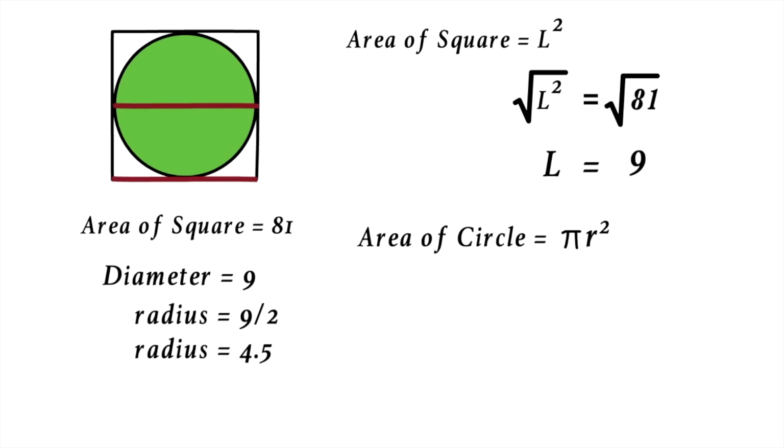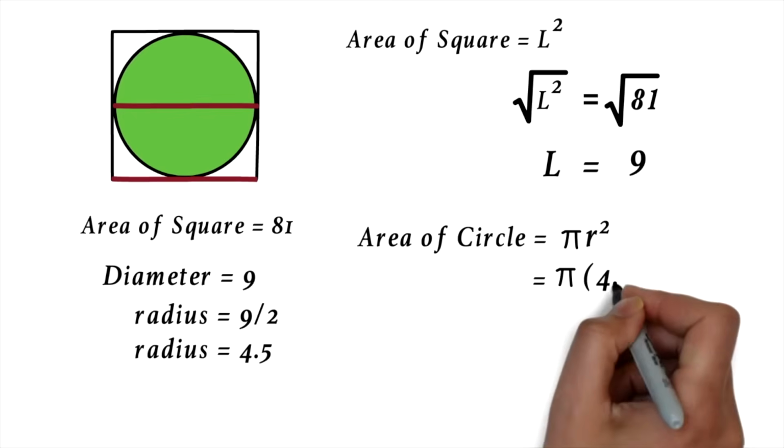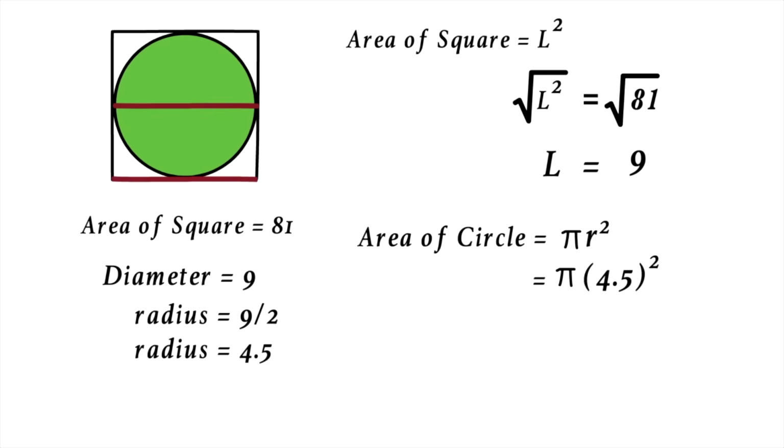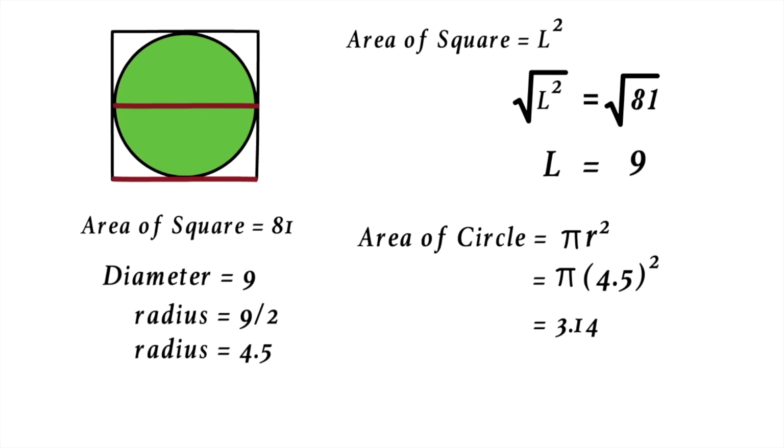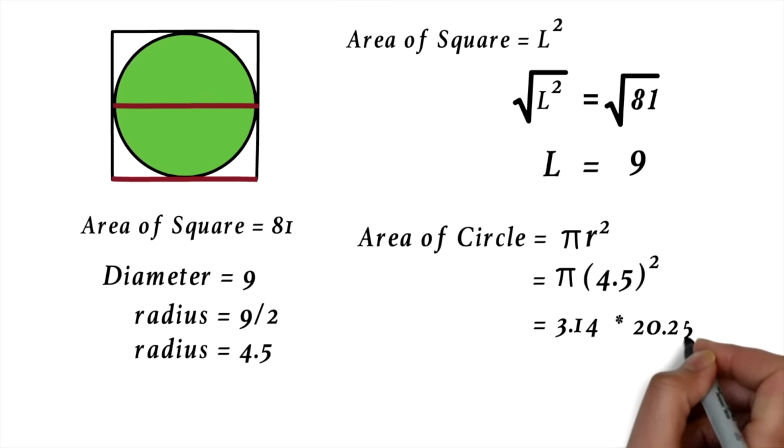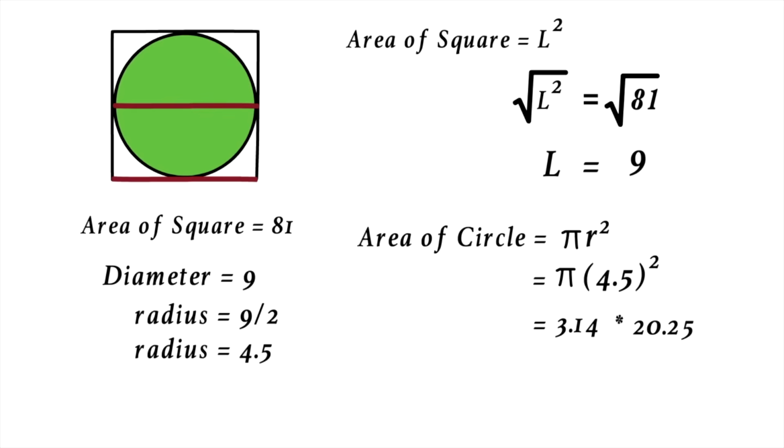Now, we can put our radius into this formula and solve. Area equals pi times 4.5 squared. Pi is 3.14, and 4.5 squared is 20.25. The area is therefore 3.14 times 20.25, which is 63.585.